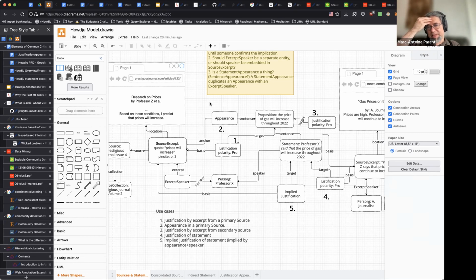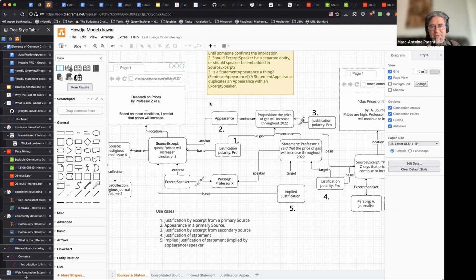And so what I'm saying is the ability to be used as a justification has to be part of the appearance property, because I don't see the point of separating it in the justification.